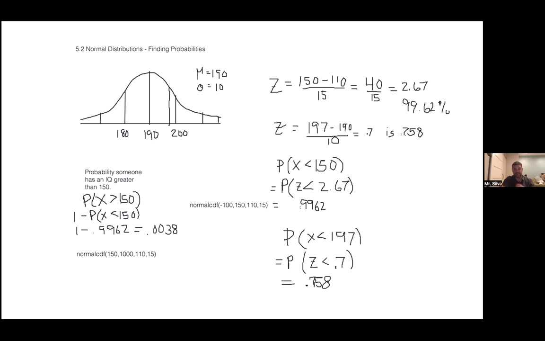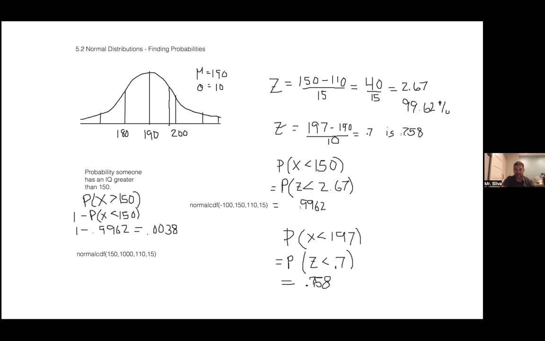Normal CDF. Okay, let's go to this example of test scores. Normal CDF, negative 100, and let's go all the way up to an X value of 197, with a mean of 190 and a standard deviation of 10.